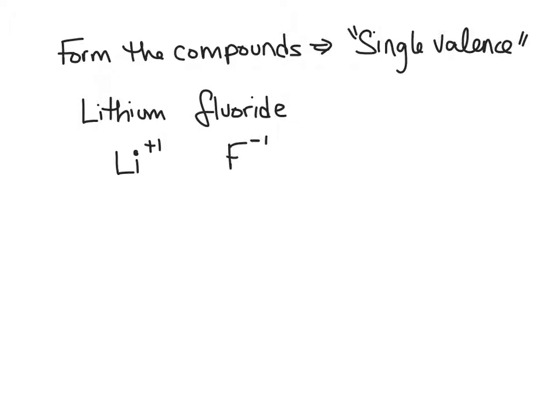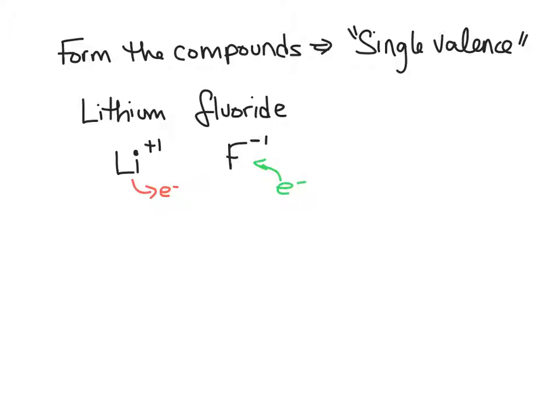Okay, so because lithium has a charge of +1, it means it gave away 1 electron. Okay, fluoride, on the other hand, in order for it to be happy and have a full outer shell, it accepted the electron. And so for this one, it's really easy.